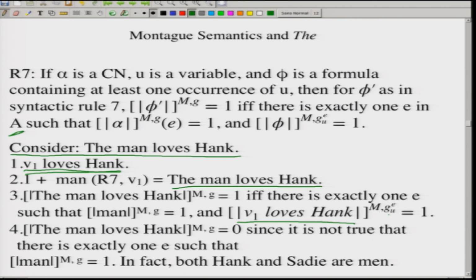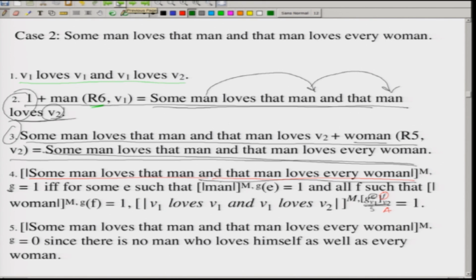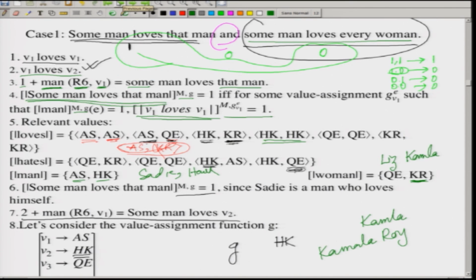Is it the case? We get back to our old model. Is there a unique man, the man? So, if we go back, yes, there are actually 2 men in our system, that is Sadie and Hank. So, the man in a sense fails in the system, because the man will always give you the truth value 0, because precisely this is claiming that there is one and only one man in the system, and that man loves Hank, which is not true.